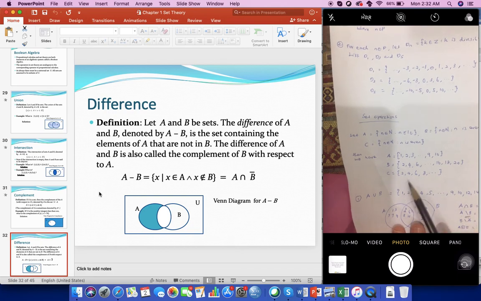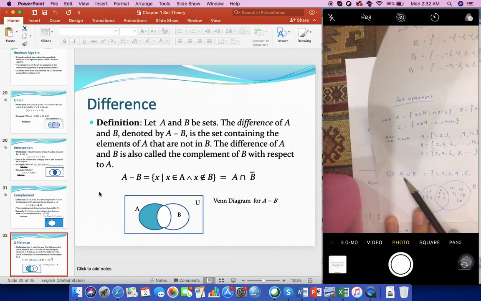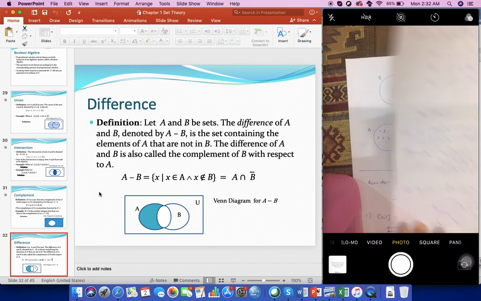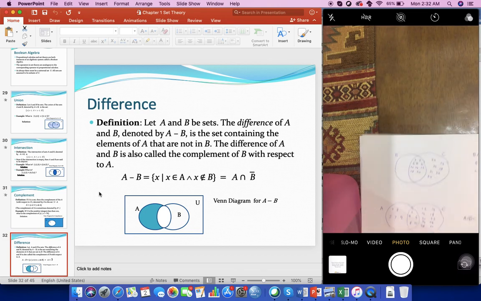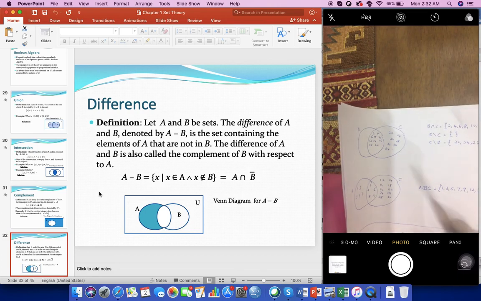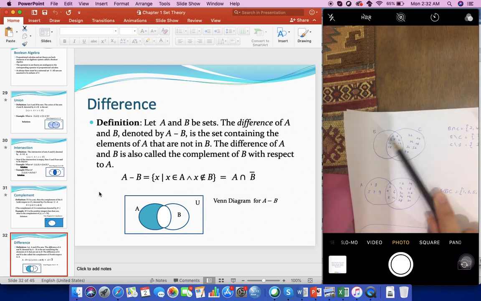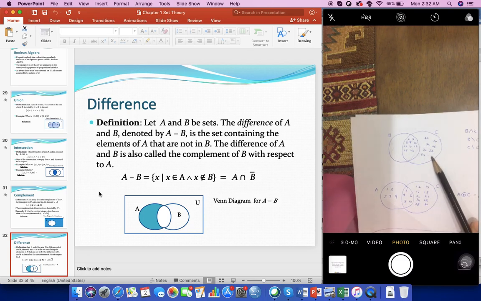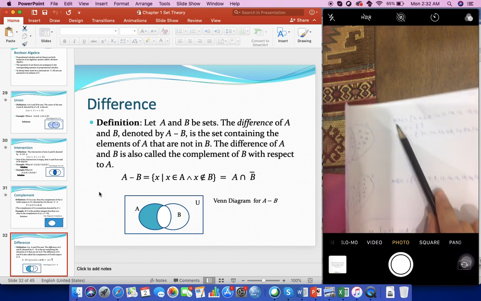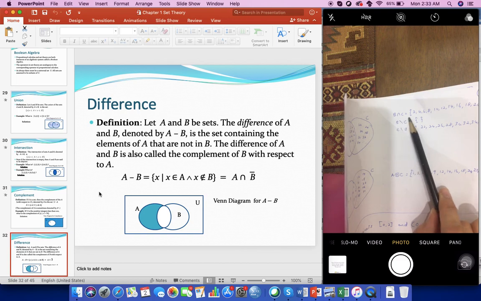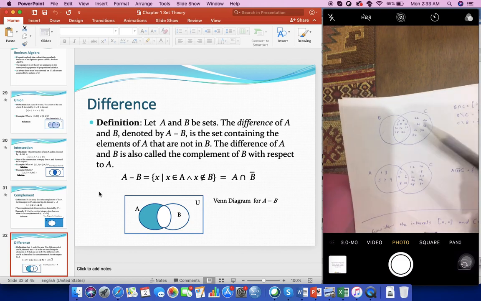We still use these sets B, C, but the previous example was A union with B, and this example is about B and C. So for B and C, when you draw the Venn diagram, you can see it like this, B and C. So B intersect with C is here only.